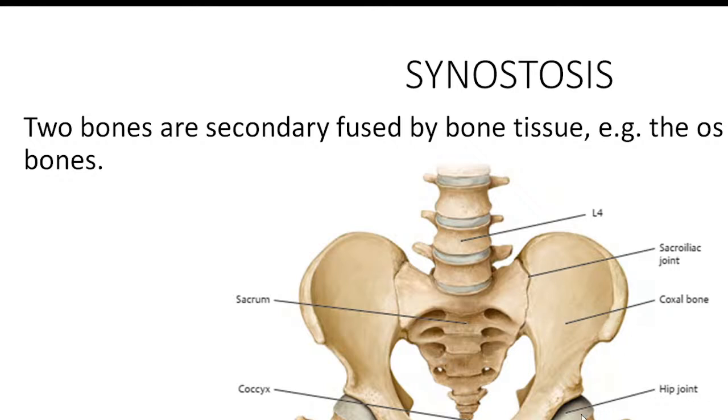The os ilium, os ischium, and os pubis connect together with the help of bone tissue. It is synostosis. This is the sacroiliac joint.